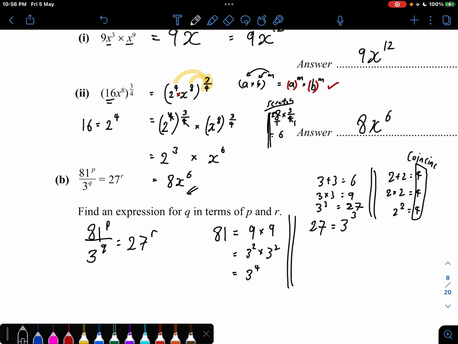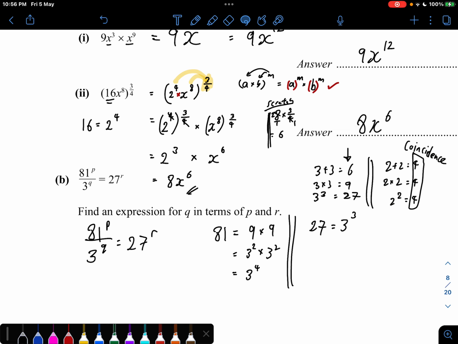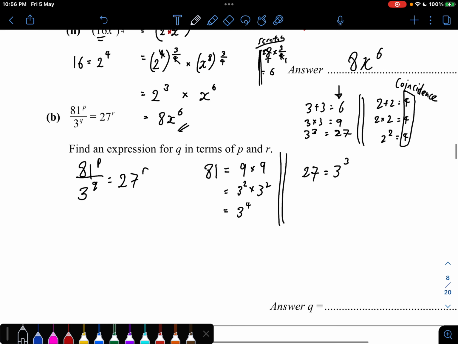Typically addition, multiplication, and raising to a power, exponentiation, will give you very different answers. Yes, it's purely a coincidence that 2 plus 2, 2 times 2, and 2 power 2 all give you 4. Remember the Spider-Man meme. Good. 27 equals to 3 power 3.